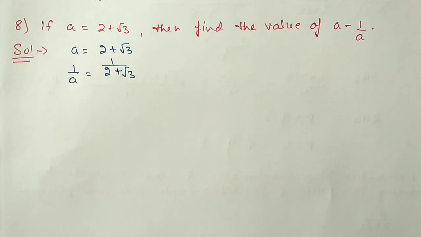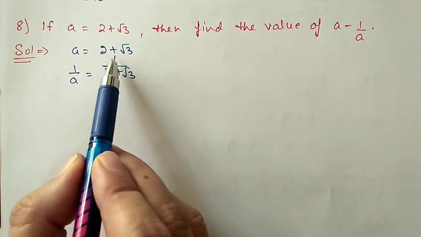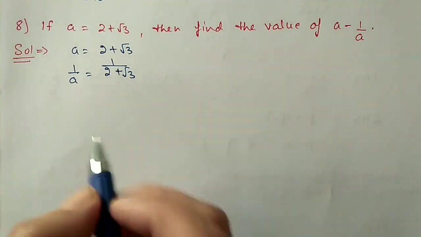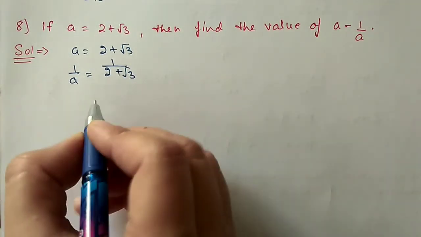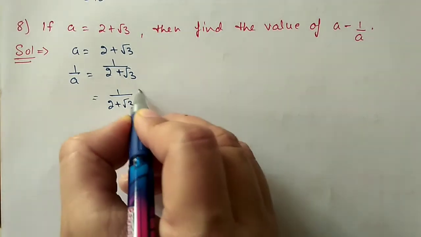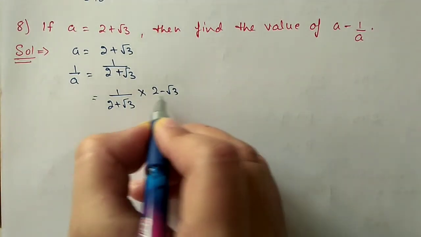Next, question number 8. If a is equal to 2 plus root 3, then find the value of a minus 1 by a. So a value is 2 plus root 3. 1 by a will be 1 by 2 plus root 3. So first this we will rationalize. We can multiply this with 2 minus root 3 up and down.